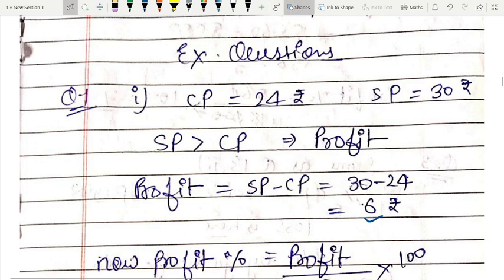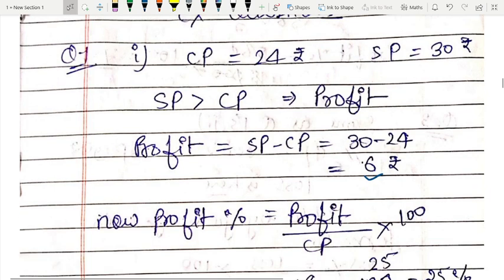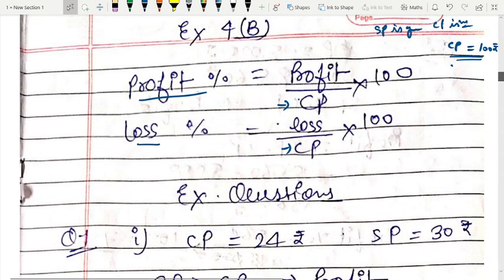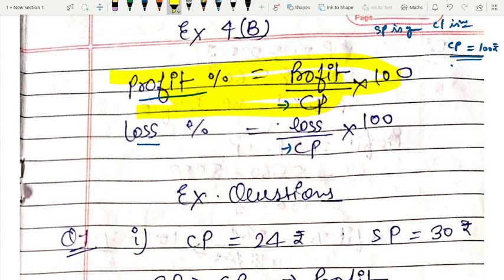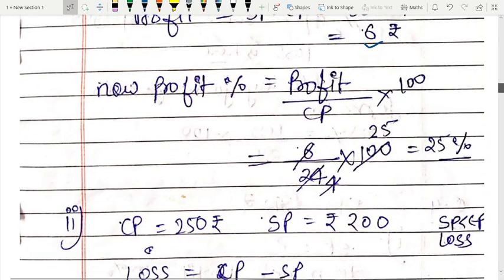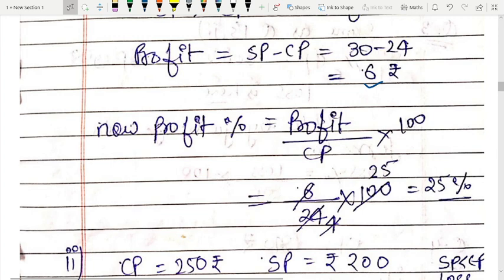Since we are going to find out the profit percentage, we know the formula we discussed just before. So what is that formula? The formula is profit percentage is equal to profit upon cost price multiplied by 100. That formula we will use. So profit percentage will be profit upon cost price.